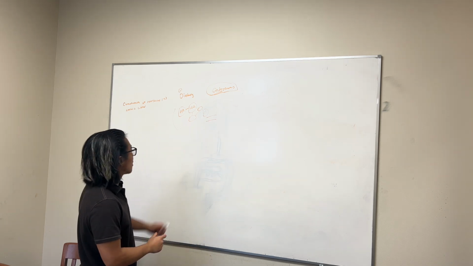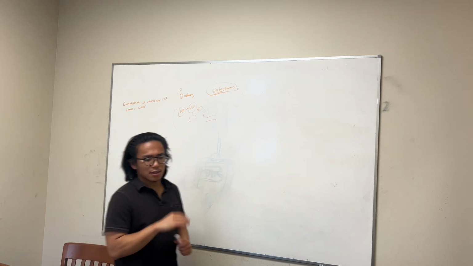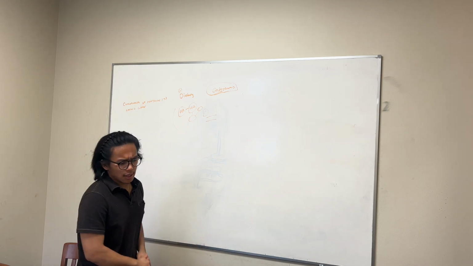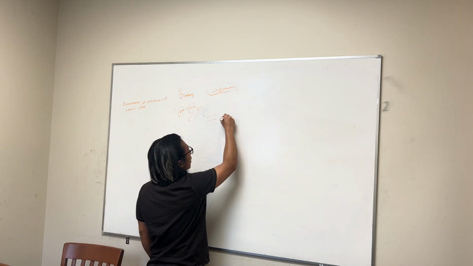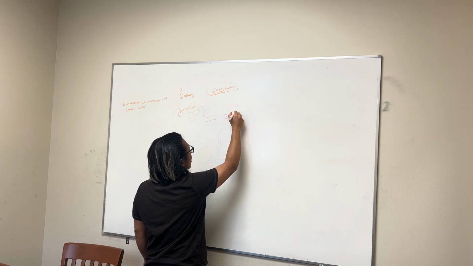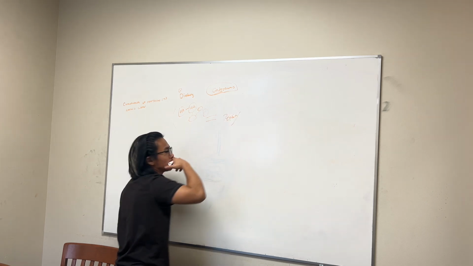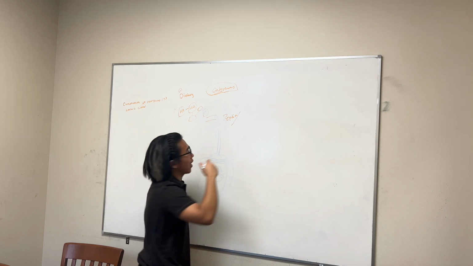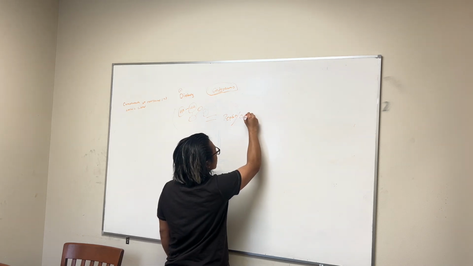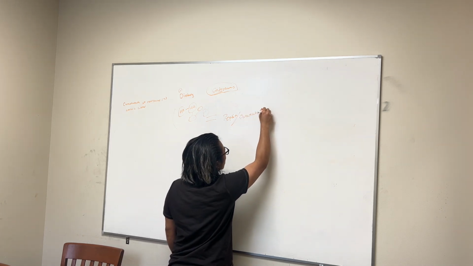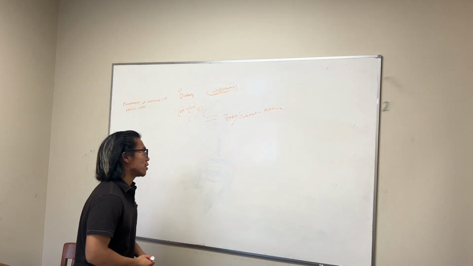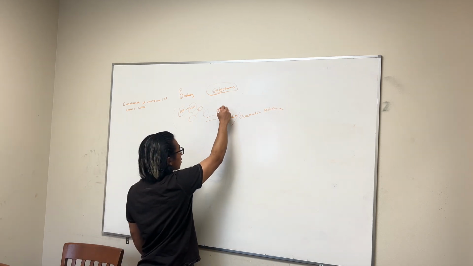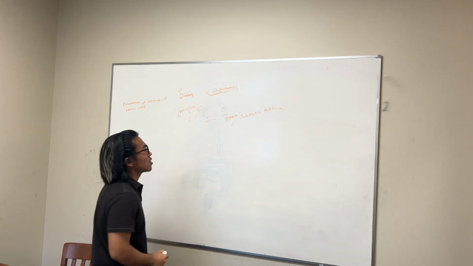Now this whole process of protein digestion starts with two enzymes, pepsin and pancreatic proteins. These are two enzymes that exist in different parts of your body. Pepsin exists in your stomach.